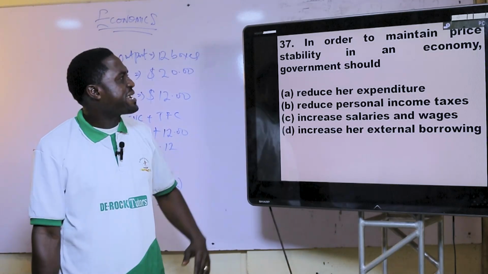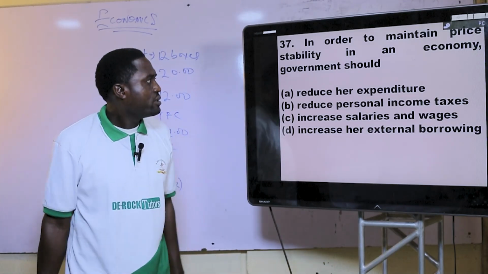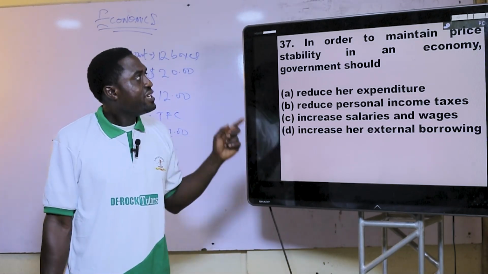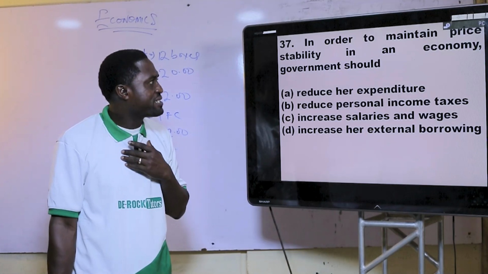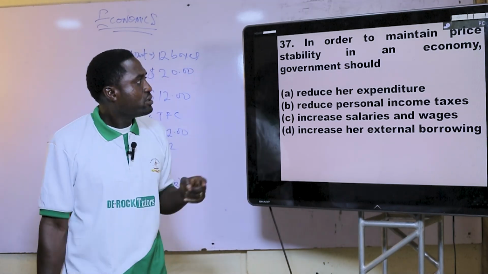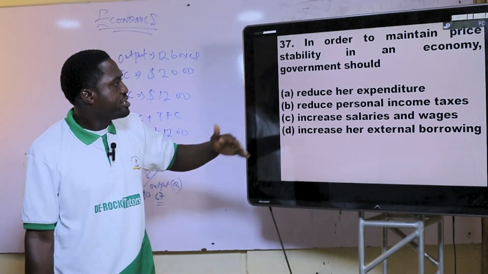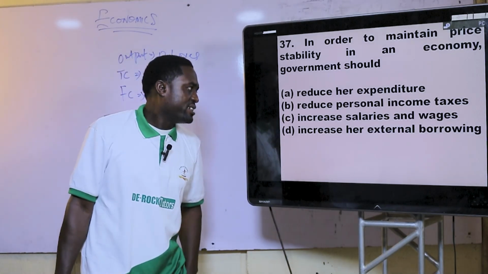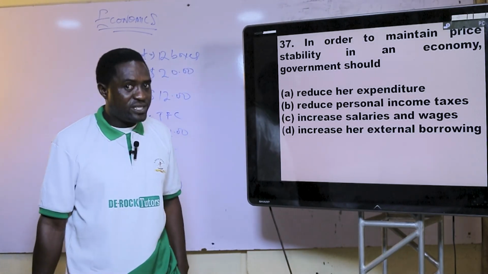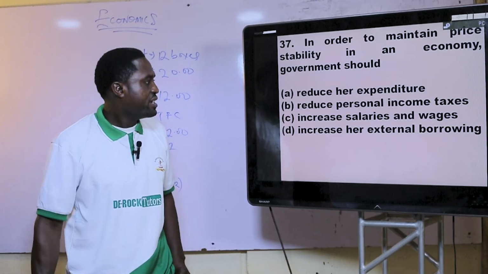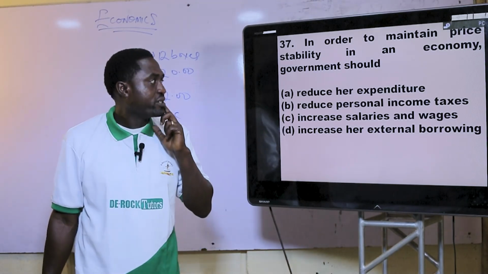37. In order to maintain price stability in an economy, government should A. Reduce our expenditure. B. Reduce personal income taxes. C. Increase salaries and wages. D. Increase our external borrowing.